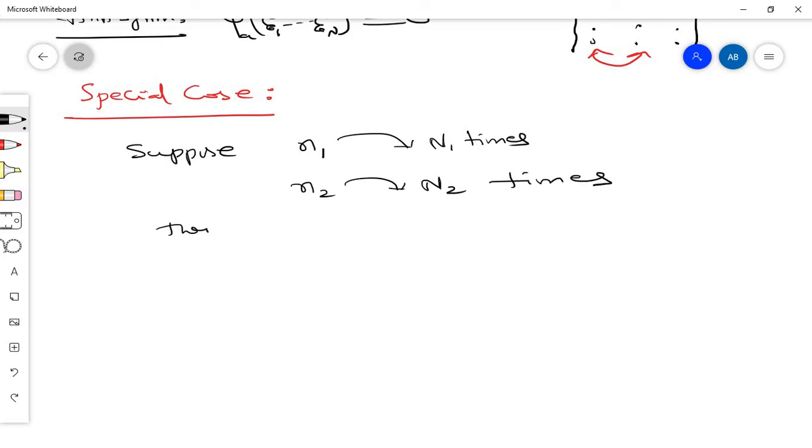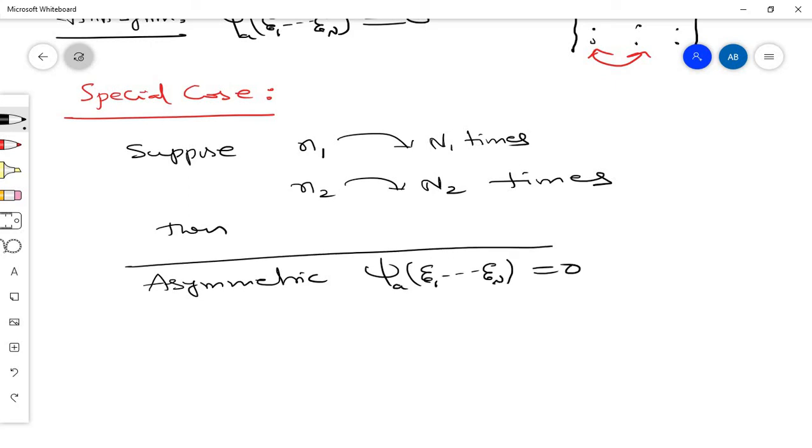Then you can blindly put the antisymmetric wave function as 0, because when some are equal, the antisymmetric wave function is 0. Once any two columns are the same, automatically it will become 0.